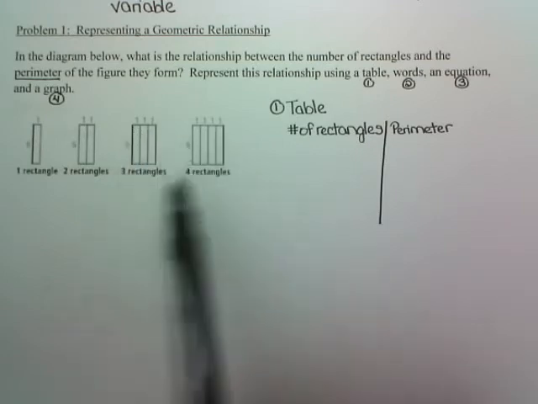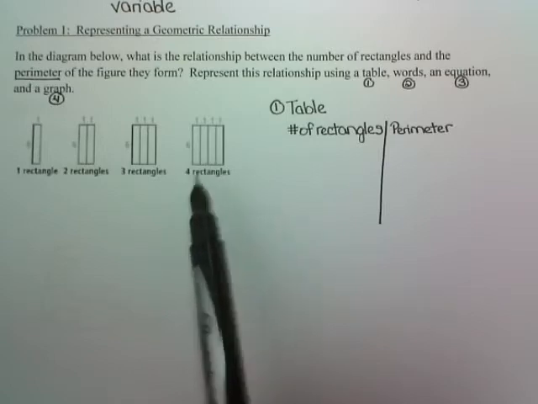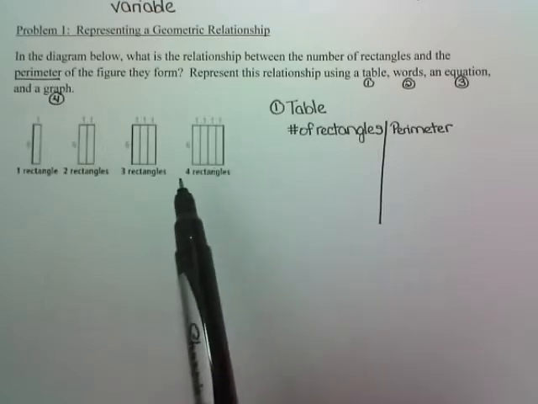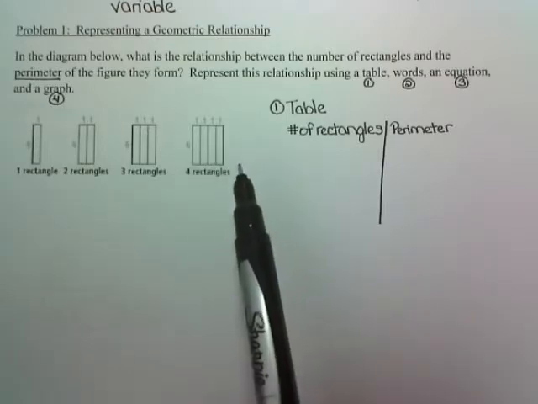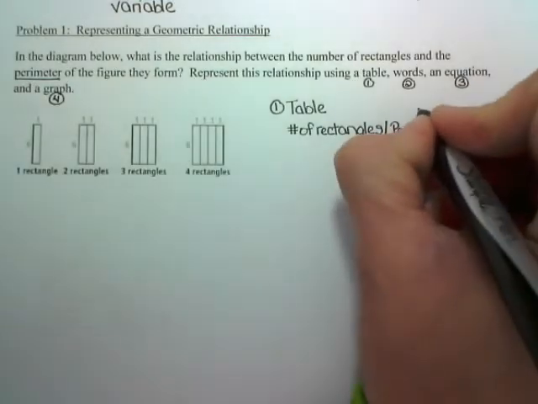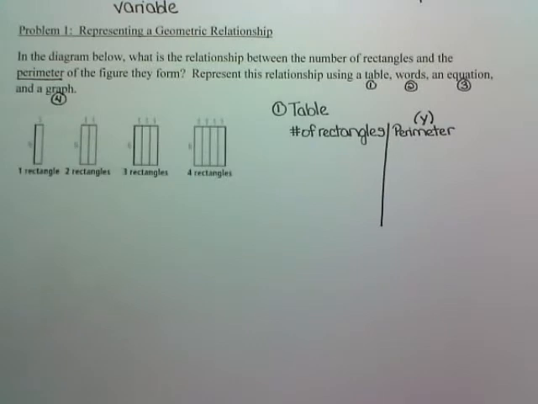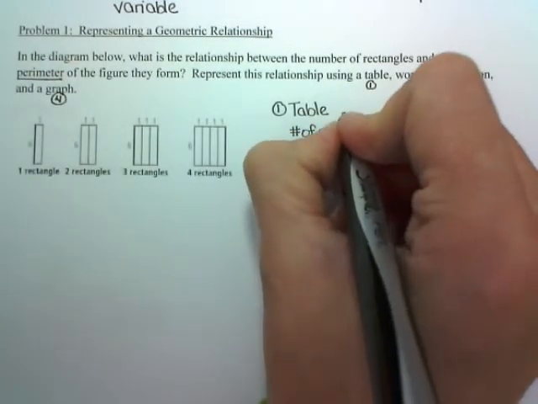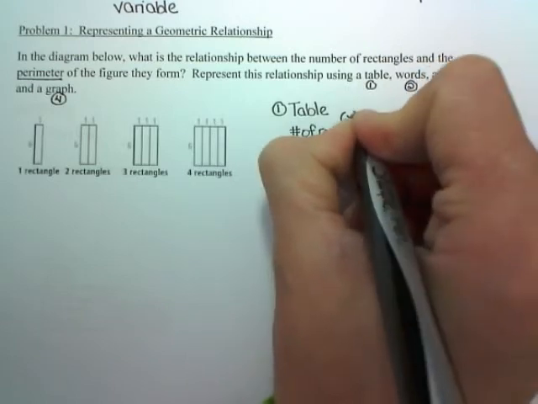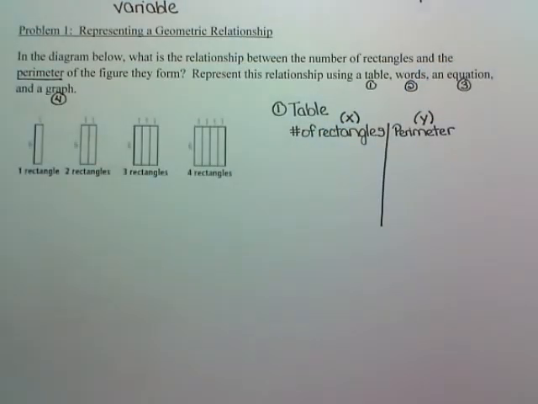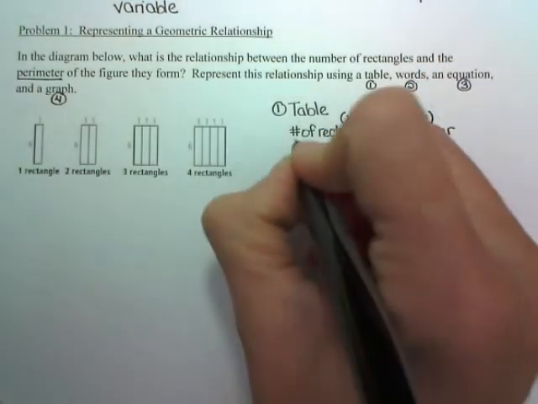I can have any amount of rectangles that I want, but my output or my dependent variable is going to be the perimeter. So your perimeter, thinking about a coordinate plane, is going to be the y value. It's your dependent variable. Therefore, the number of rectangles will be your x value. It is independent. It can be whatever it wants to be.